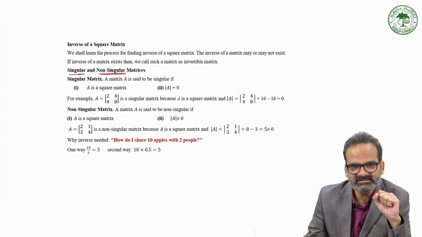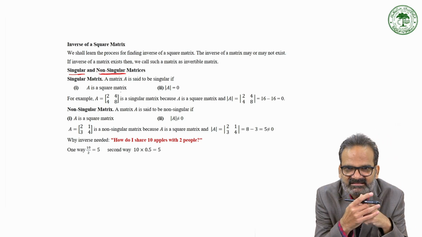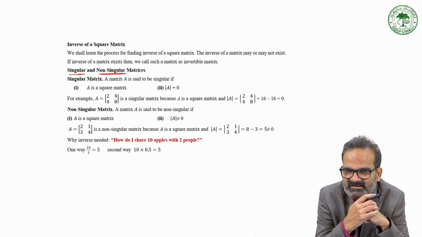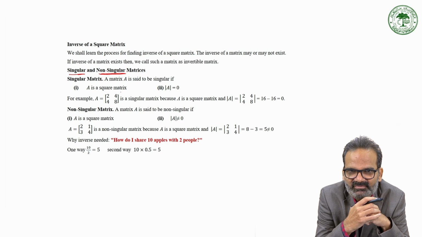A matrix A is said to be singular if A is a square matrix, condition 1, and condition 2, its determinant should be equal to 0, right?